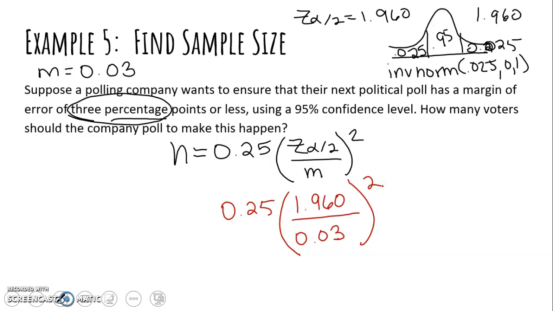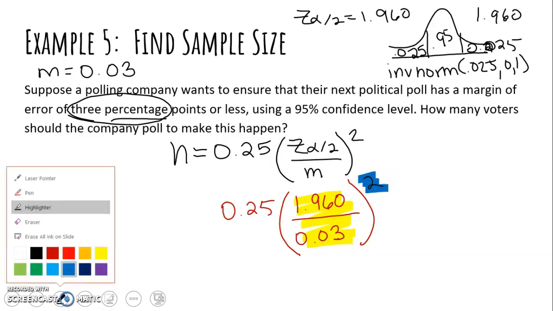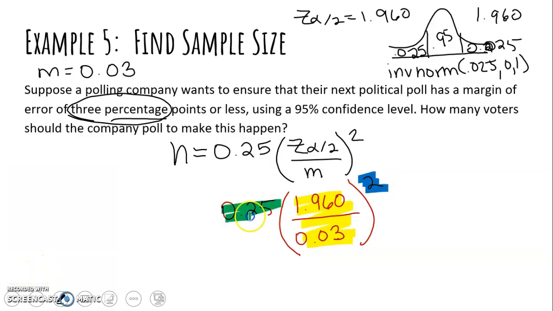Just want to make sure, do this division first. Then square it. And then you're going to multiply by the 0.25 last.